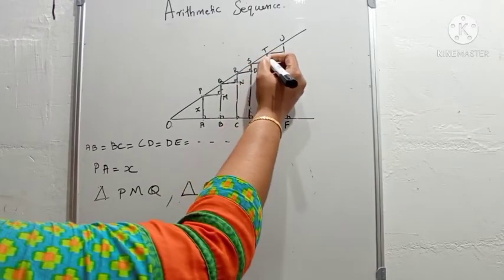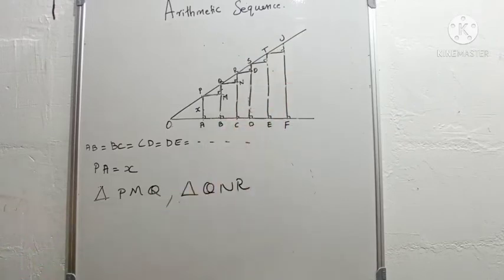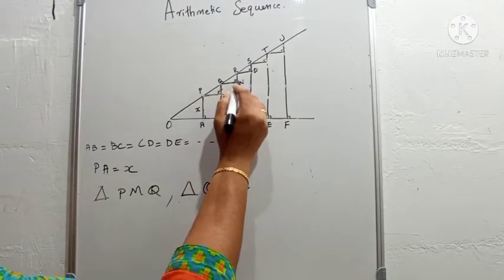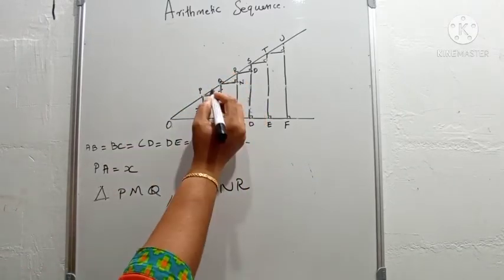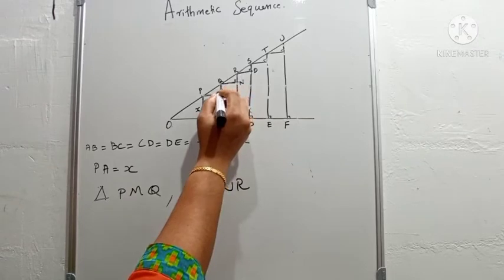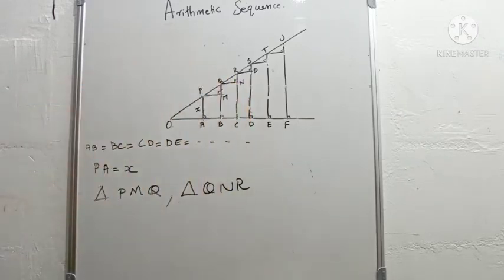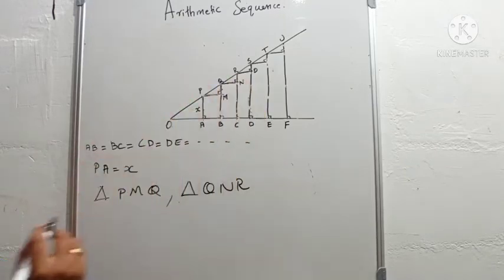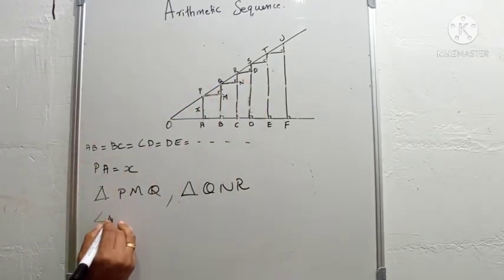All these angles are 90 degree. So if we consider the triangle PMQ and QNR, we can see that these two angles are equal, right? That is, angle M and angle N are equal.